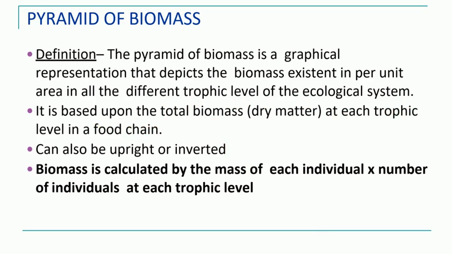As we have seen that the pyramid of number is upright or inverted, here also the pyramid of biomass can be upright or inverted, but you do not see the spindle shaped pyramid in the pyramid of biomass.